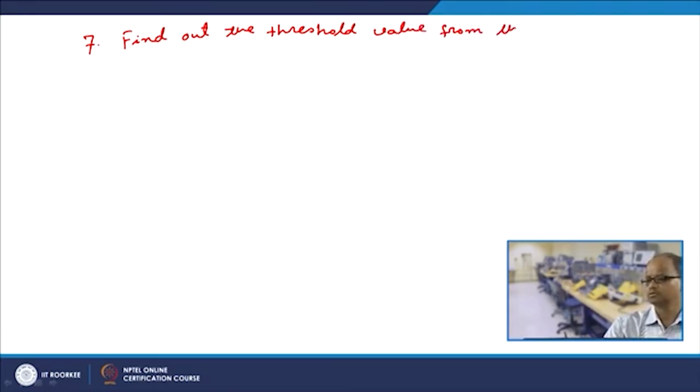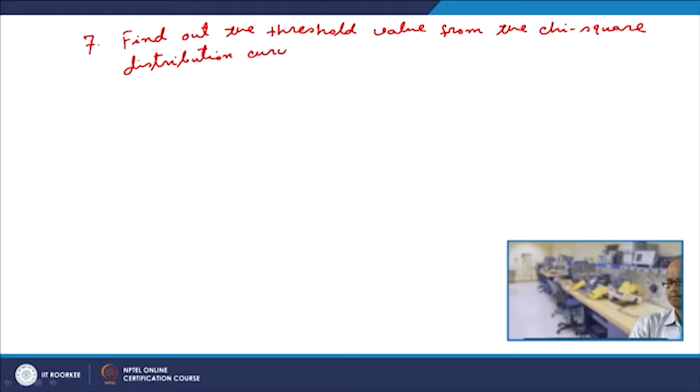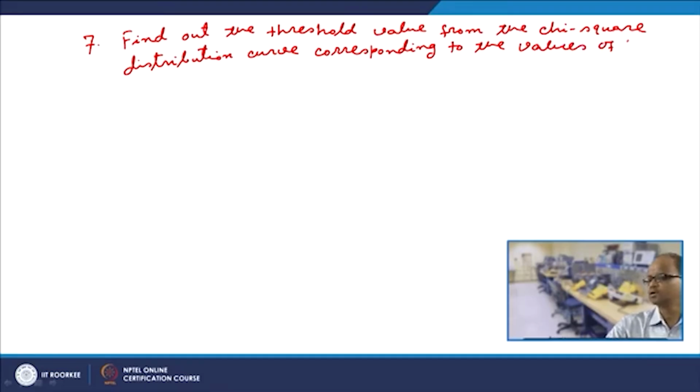Then, the seventh step: find out the threshold value from the chi-square distribution curve corresponding to the values of k and alpha. So, we find out the threshold value.